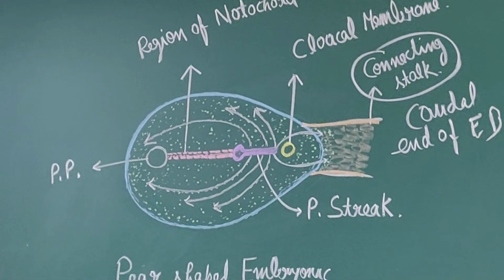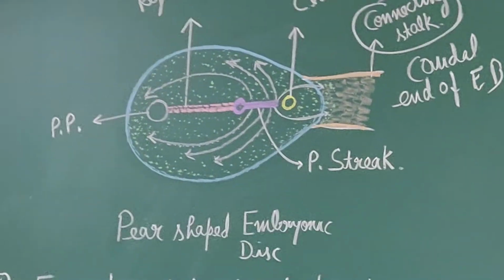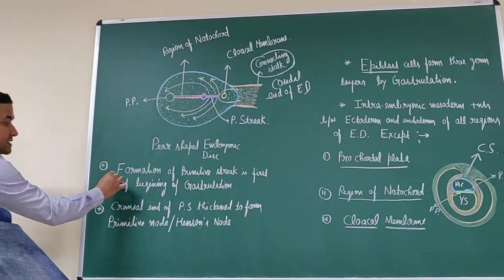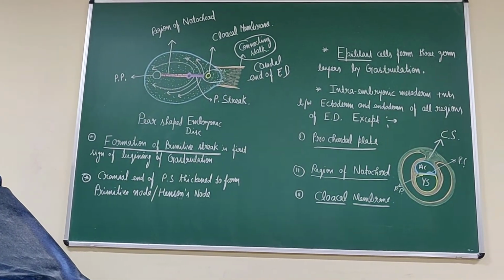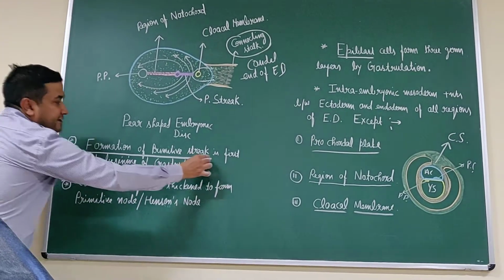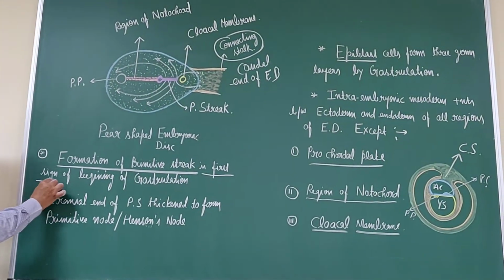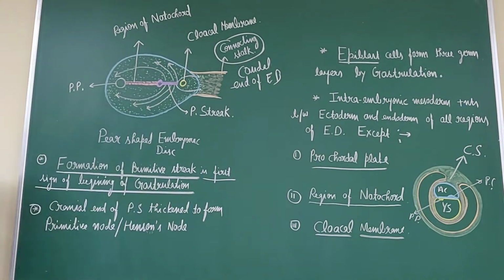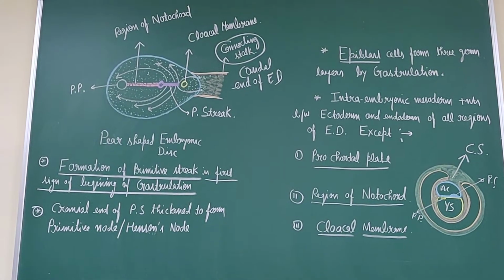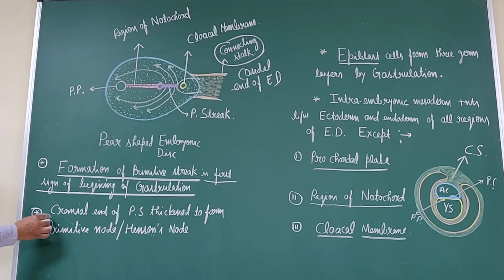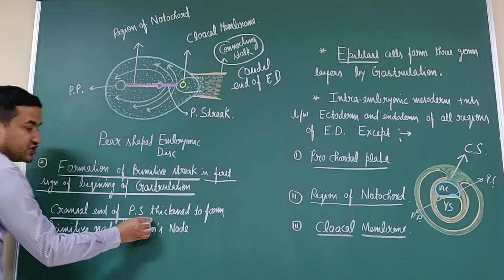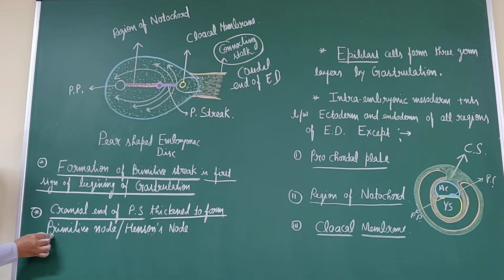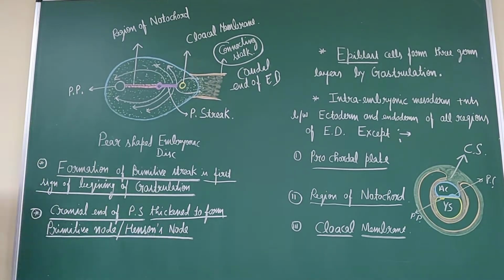Now, there are a few important points. The formation of the primitive streak is the first sign of the beginning of gastrulation.